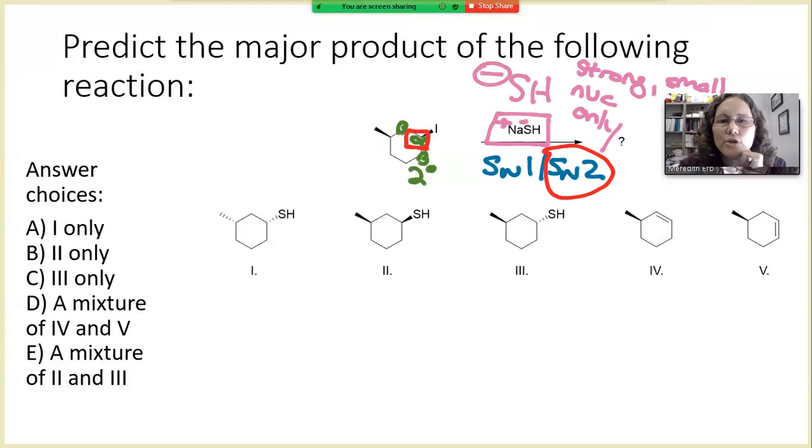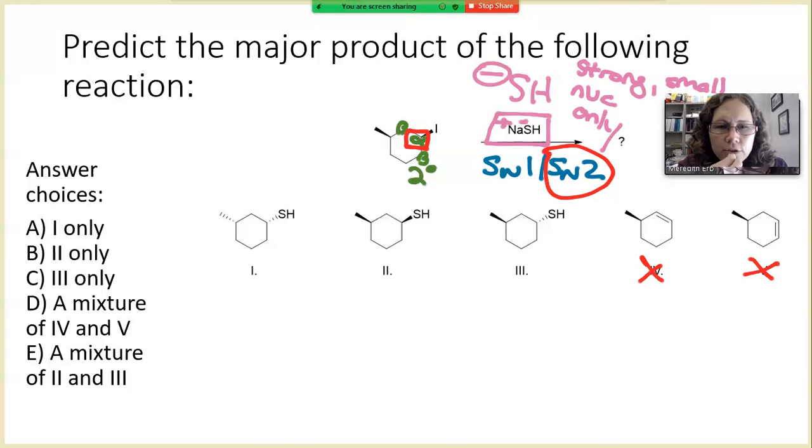So let's take a look at our products. We have elimination products that you can cross off right away. Those are there to distract you in case you didn't recognize that the thiolate was a nucleophile only. Next up, let's take a look at molecules 1, 2, and 3.